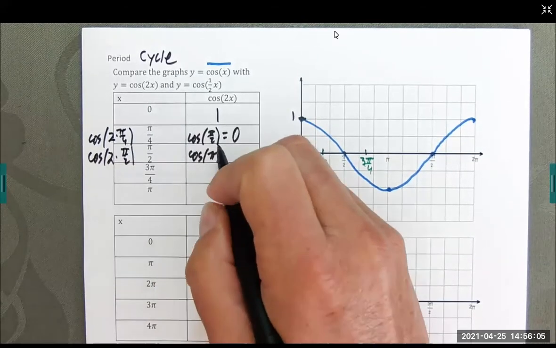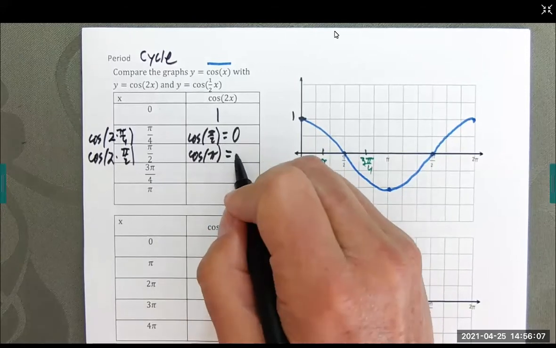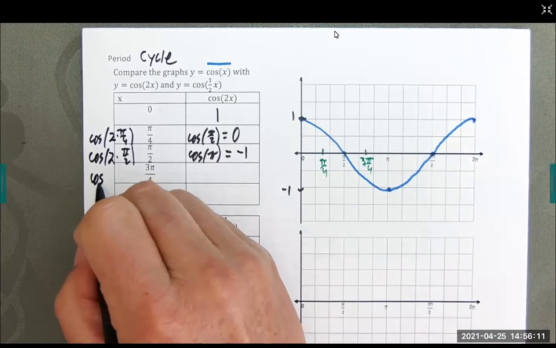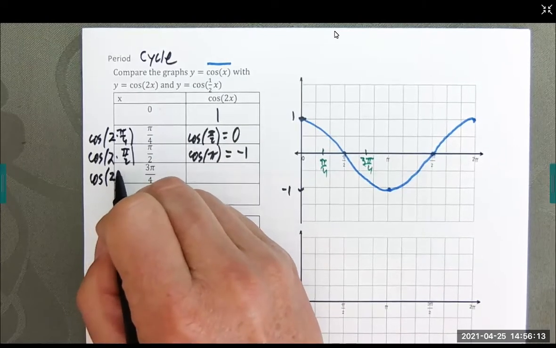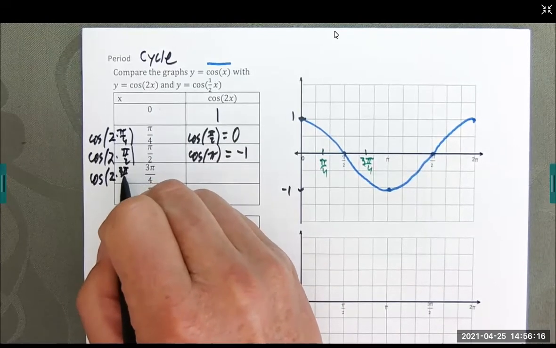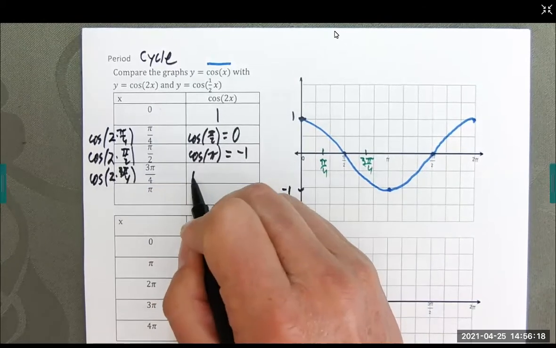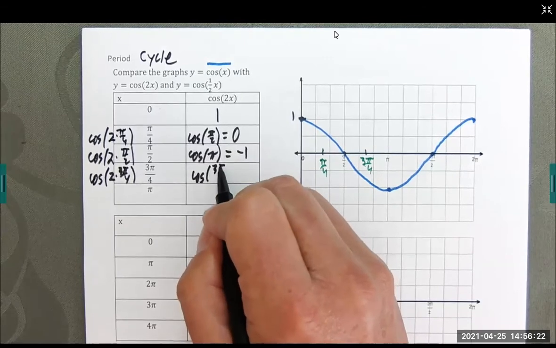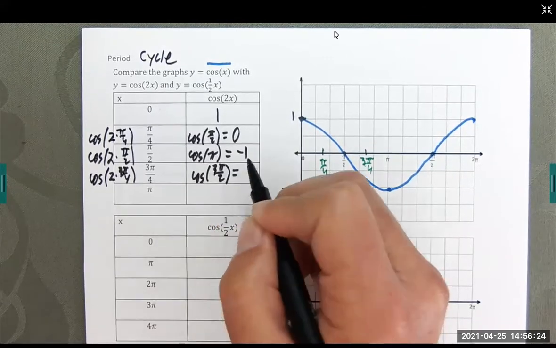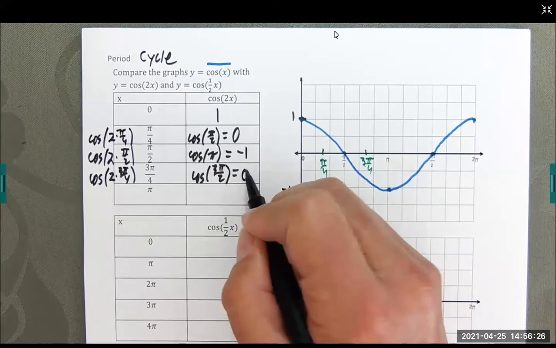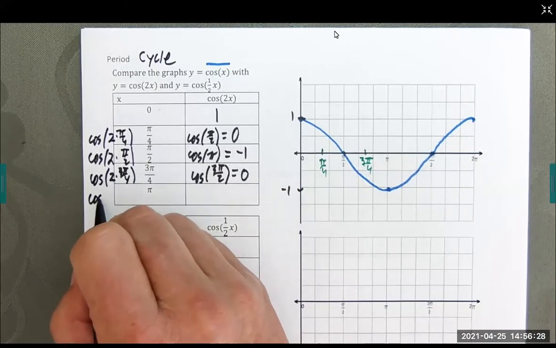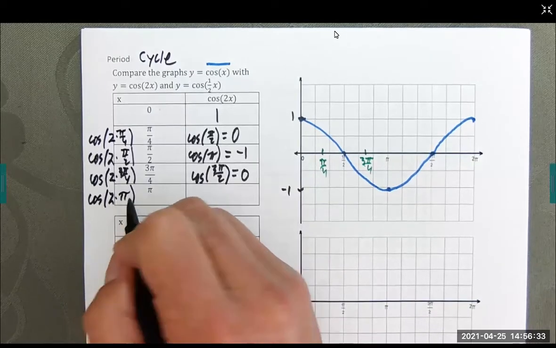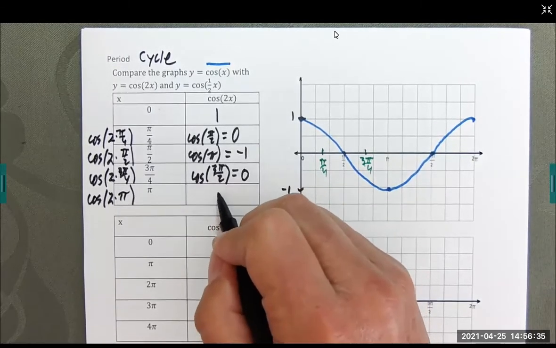And the cosine of pi is -1. The cosine of 2 times 3 pi over 4 becomes the cosine of 3 pi over 2. Which once again is 0. And the cosine of 2 times pi means that I'm back to 1.